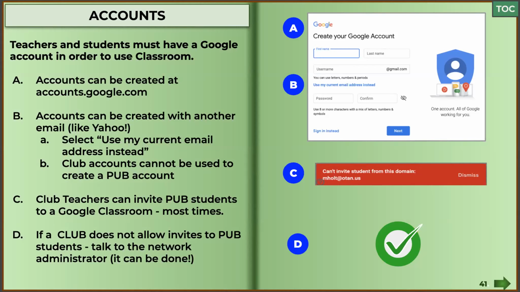If your network gives you a pushback and says, no, we're not opening this up, you're going to have to deal with it. Then what you need to do is create a Google account that you are okay with sharing with your students. So don't use your personal accounts. Please don't use your personal accounts, especially if you have a username like partygirl.com.